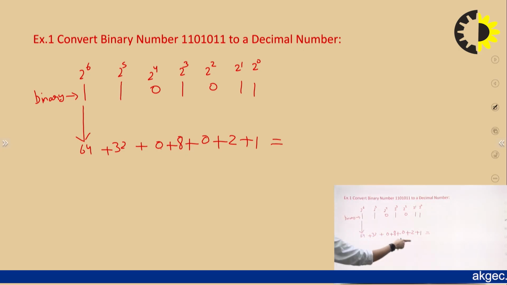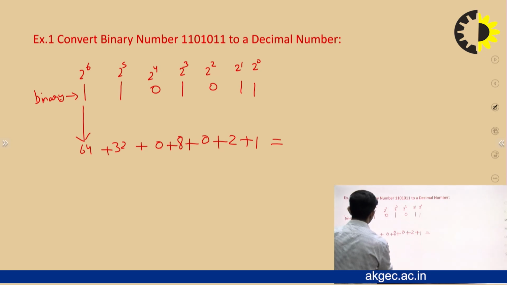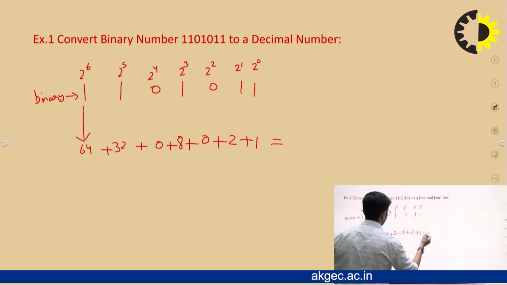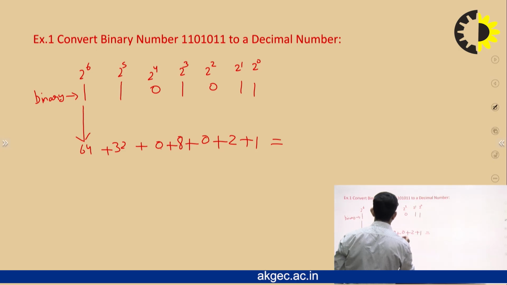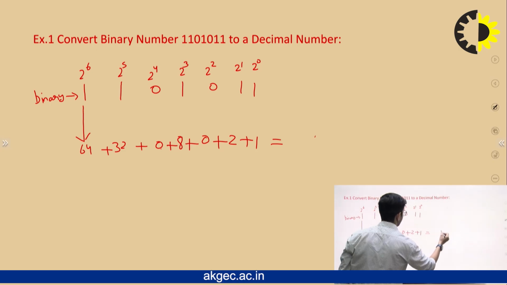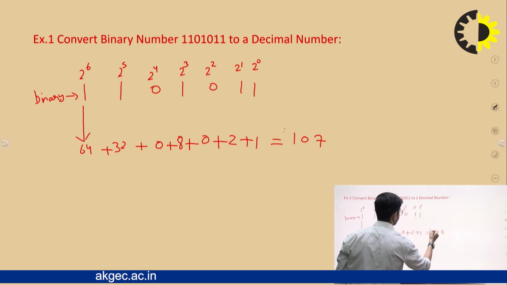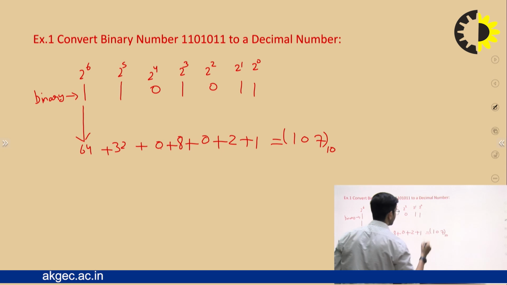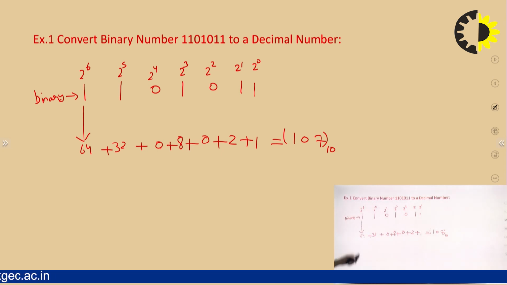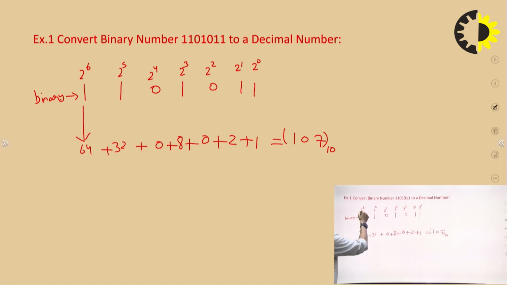After adding all these numbers, we convert this binary number into a decimal number, which is 107 in decimal. That's how we can convert a binary number into a decimal number. We just have to take the power of 2 for each position which is 1 in the binary digits. The rest will be 0.